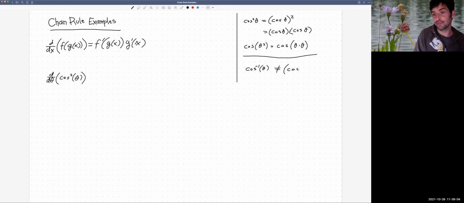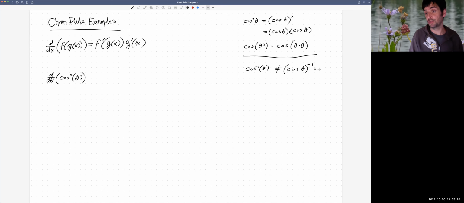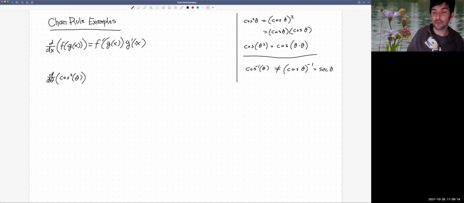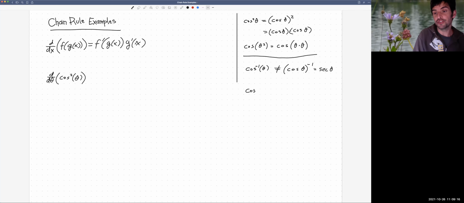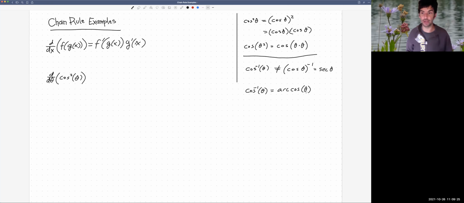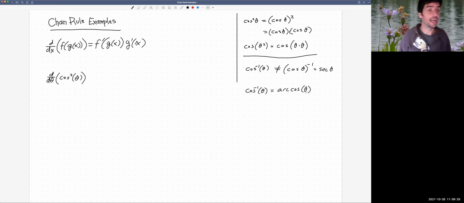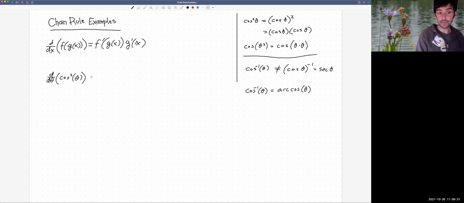This does not mean cosine of theta to the -1, which would, of course, be 1 over cosine of theta, or secant of theta. So we already have a name for that. Cosine with this little -1 is the inverse cosine, or the arc cosine of theta, right? So it's just one of those things we have to remember. Okay, just saw an opportunity to mention that, but let's get back to the chain rule.